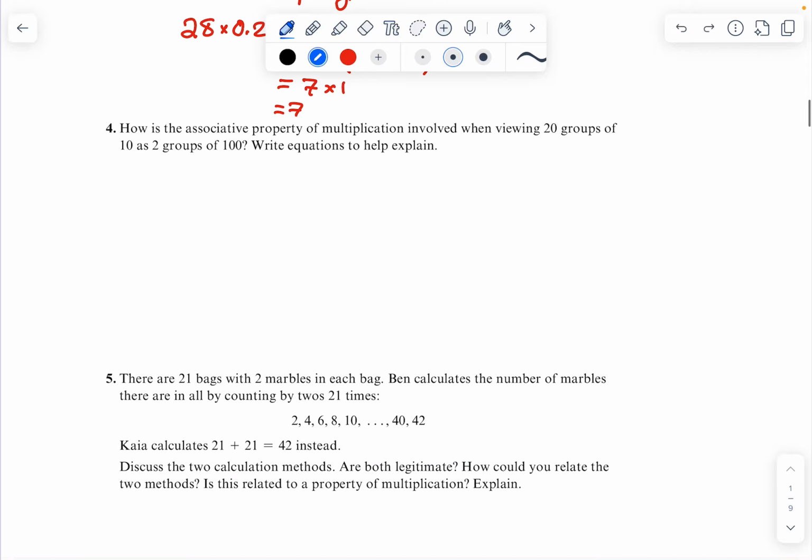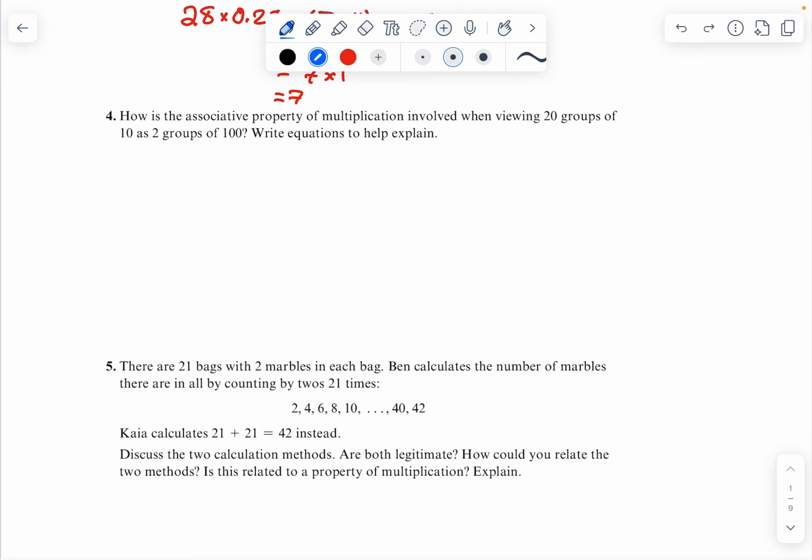So the last two that we're going to talk through in this activity, number 4 asks us how the associative property is involved when viewing 20 groups of 10 as 2 groups of 100, right? So our definition of multiplication is groups, so 20 groups times 10 units. And we're trying to think of this as 2 groups of 100.